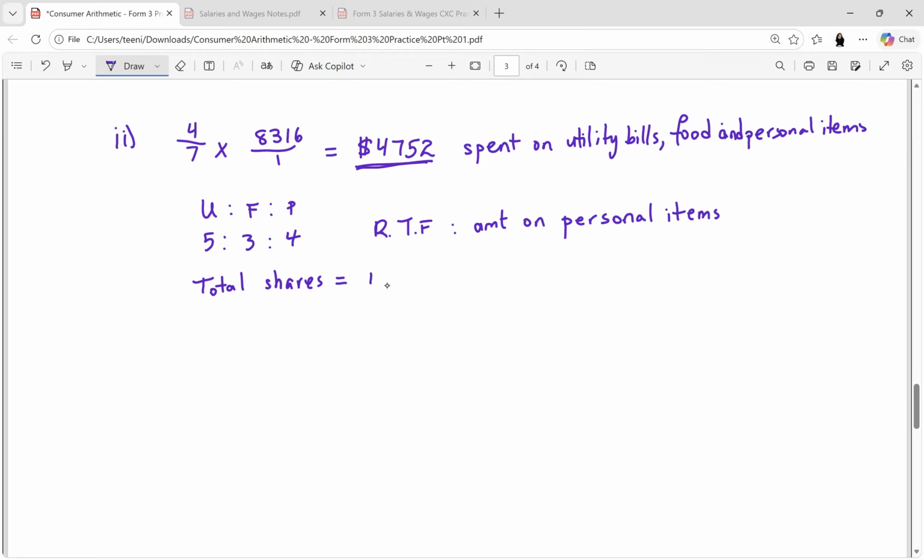So what fraction is personal items? 4/12 or 1/3. That's right, my girl. 4/12 or 1/3. And then I multiply that by 4,752. Correct. How much is that?